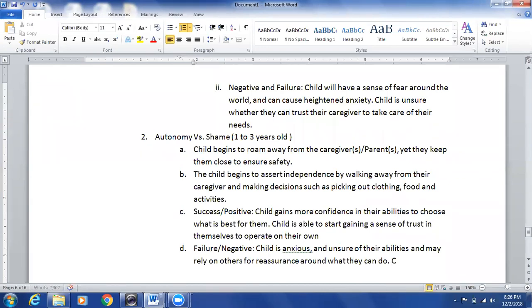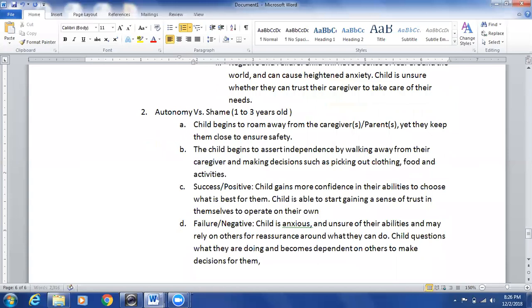Or said in another way, a child questions what they are doing and becomes dependent on others to make decisions for them.